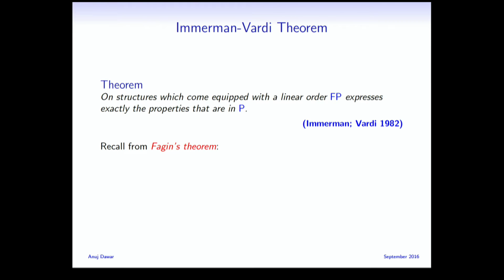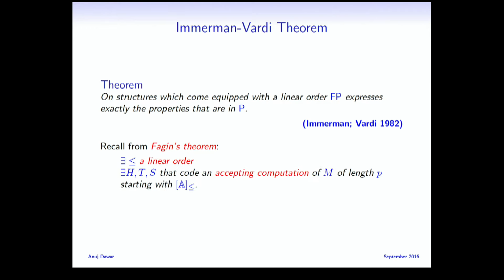Recall my quick one-line statement of the proof of the difficult direction of Fagin's theorem, the non-trivial one. Well, I don't know if either one is trivial, but anyway. I said, from a non-deterministic machine and a polynomial bound P, we construct this existential second-order sentence. Now we're starting with a deterministic machine, and we don't have to say there's a linear order because one's already given to us.